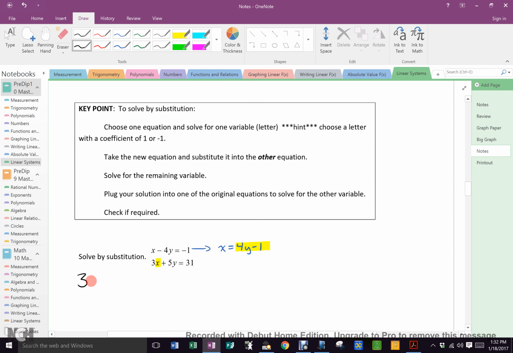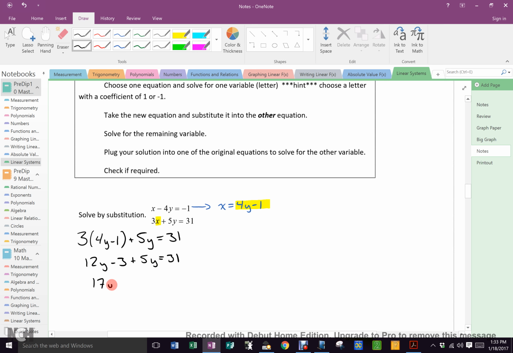3 what? 3(4y minus 1) plus 5y equals 31. Now how many unknowns do I have? 1. Can we solve that? Sure we can. That's 12y minus 3 plus 5y equals 31, correct?